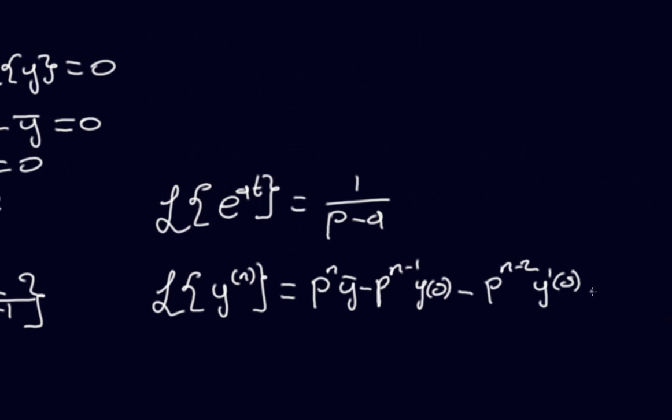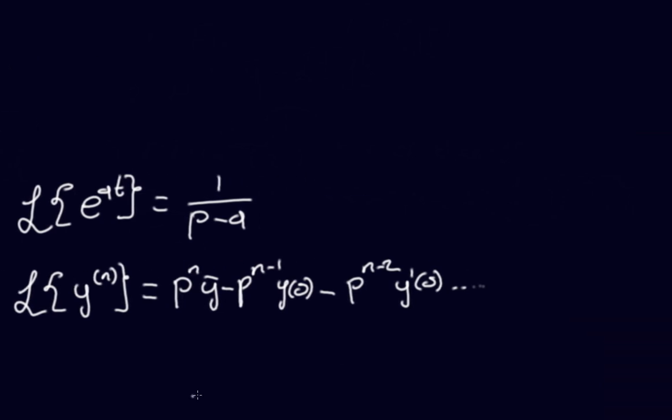And then the formula continues. It continues like that. Up to, it's a minus. I'm going to write just the two last terms. So the very last term will be y n minus 1 at 0.